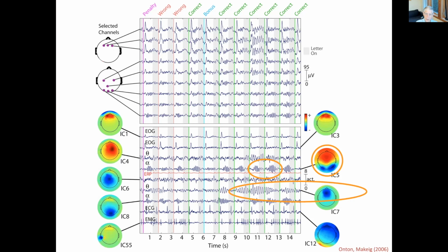But simultaneously, ICA, this was AMICA decomposition, finds a frontal midline theta, which was showing theta activity during periods of correct performance in this case. Here is a central occipital alpha, which showed a quite different time course of activity from the lateral occipital. Here is a postauricular muscle with EMG and then muscle spikes.